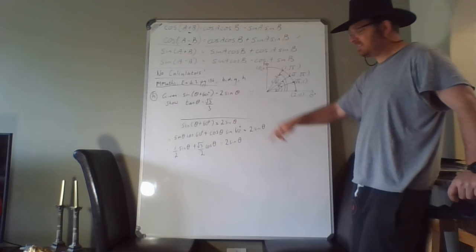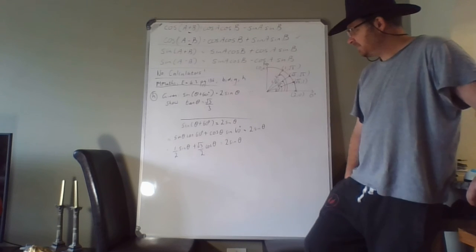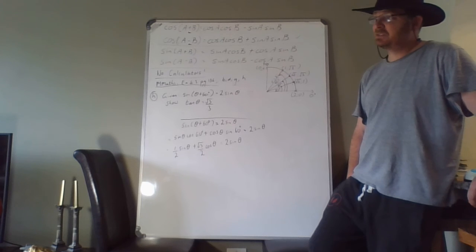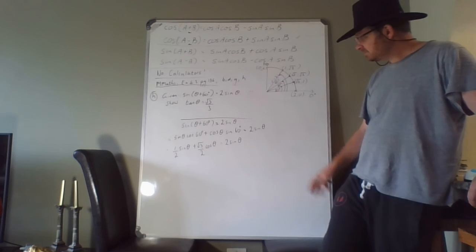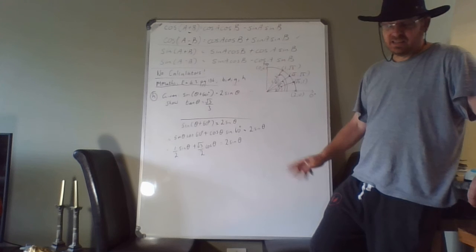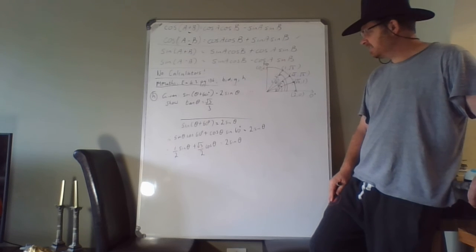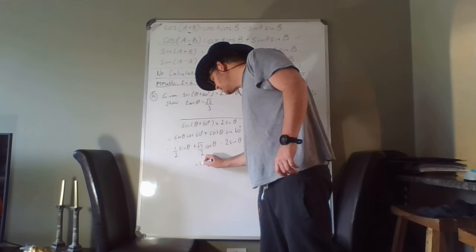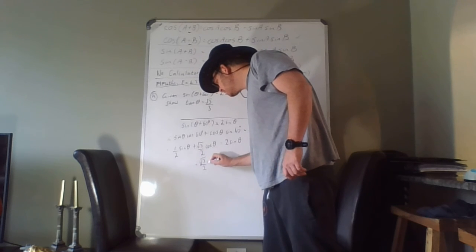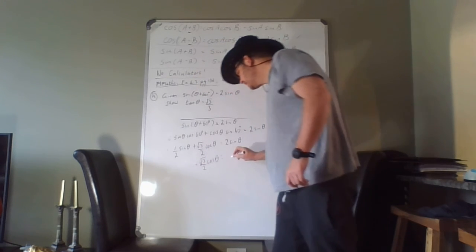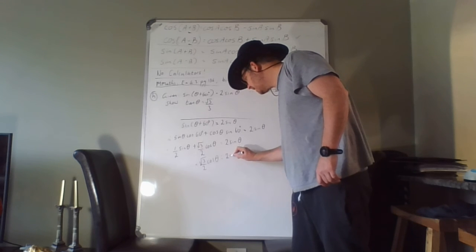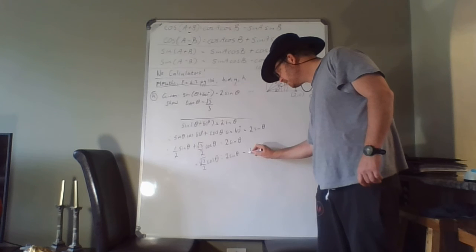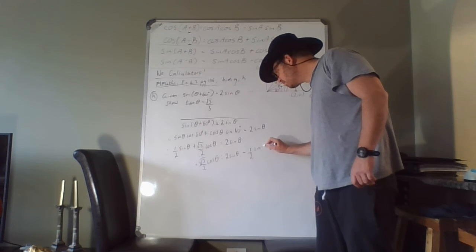But now I've got to show that tan theta is equal to root 3 over 3. The only link between sine, cos, and tan is that tan is equal to sine over cos. So let's get all our sines on one side and all our terms with cos on the other side. If I get the sines to the right hand side, I've got root 3 over 2 cos theta is equal to 2 sine theta minus a half sine theta.